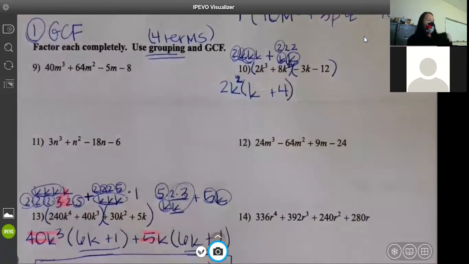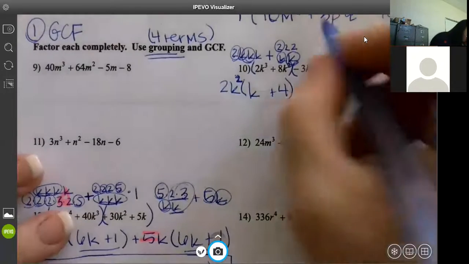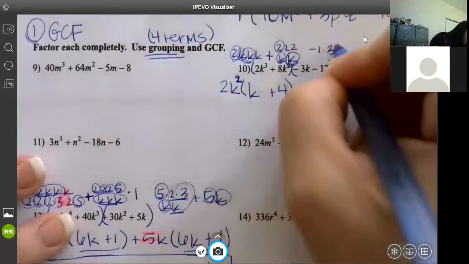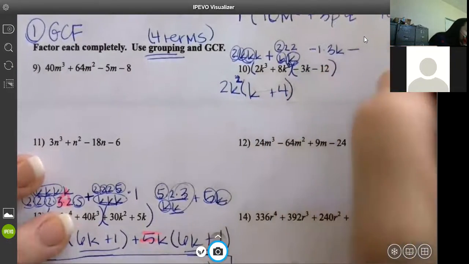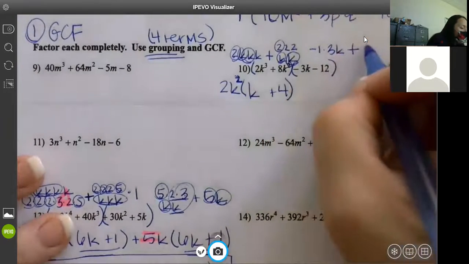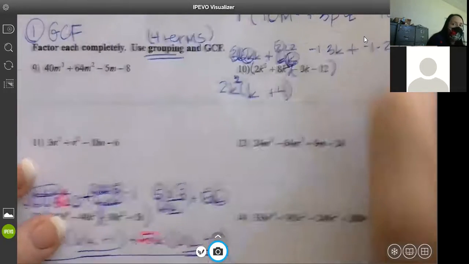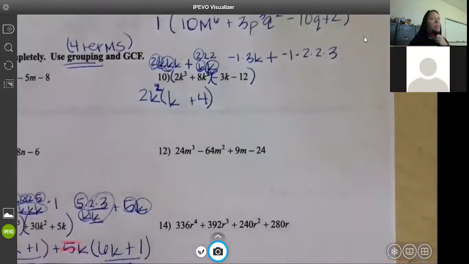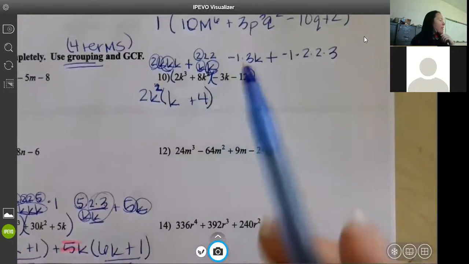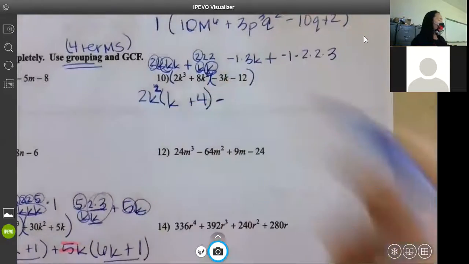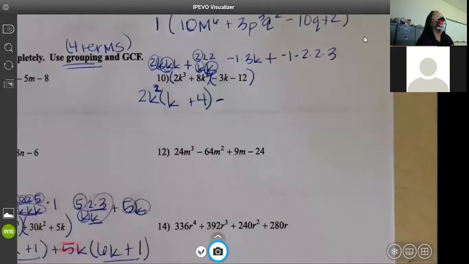In the back, negative 3k minus 12. Negative 3k is negative 1, 3, and k. And then I'm going to change this to a plus. Negative 12 is negative 1, 2, 2, and 3. You can clearly see they both have a negative in common, so it's got to be a negative on the outside, okay?